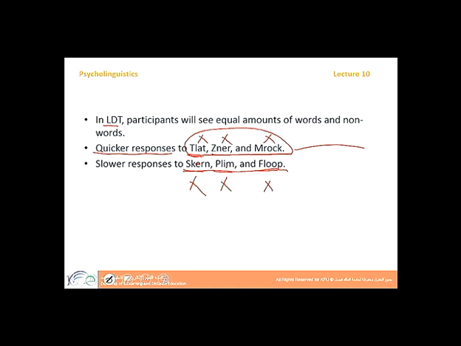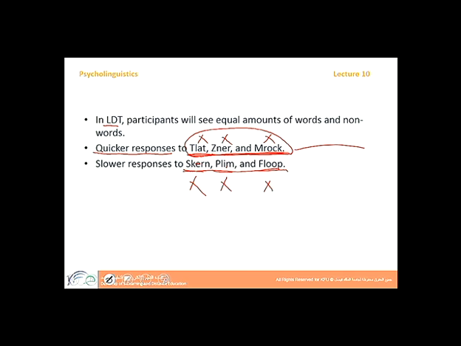Why? The answer is, these words violate English phonotactics. Remember that I said phonotactics influences or affects lexical access. So as you access the lexicon, checking whether your mental lexicon has these words, your brain will say, no, these are not words, straight away.